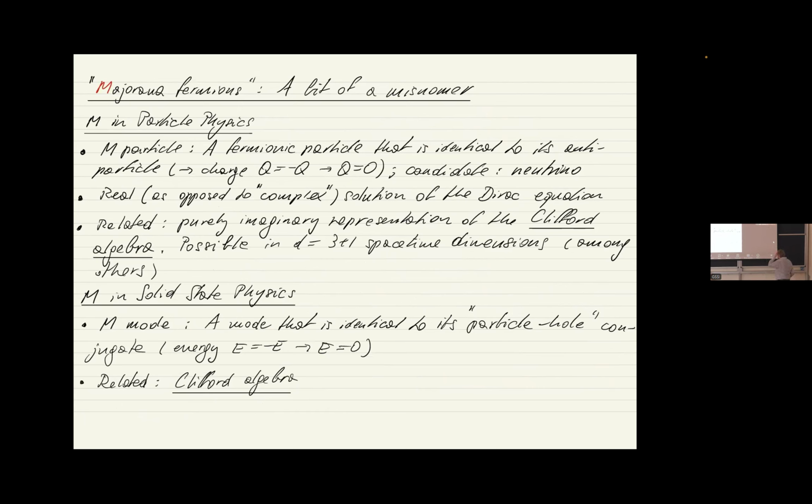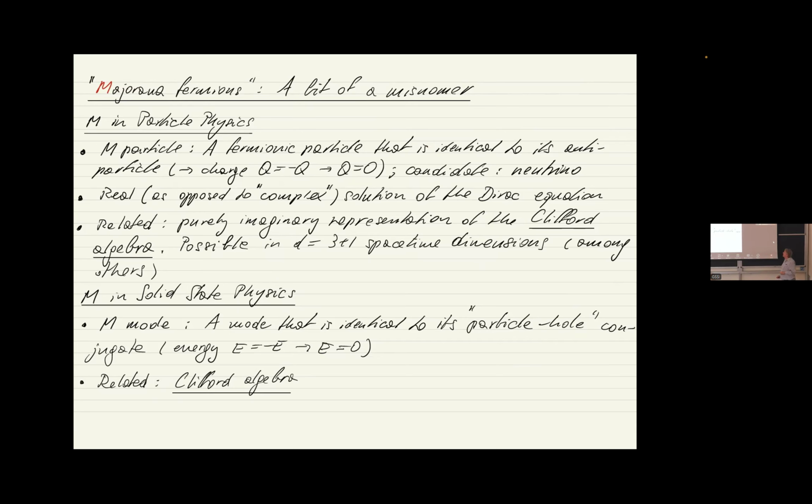So now there is this story about Majorana fermions which come up with this class. And it's a little bit of a complicated situation. It's a bit of a misnomer, I think. The M of Majorana comes up in rather different contexts. First in particle physics. And what is a Majorana particle? Well, that's a fermionic particle that is identical to its antiparticle.